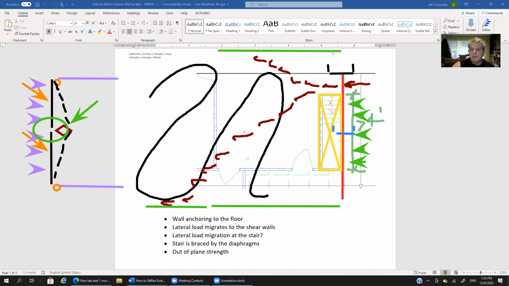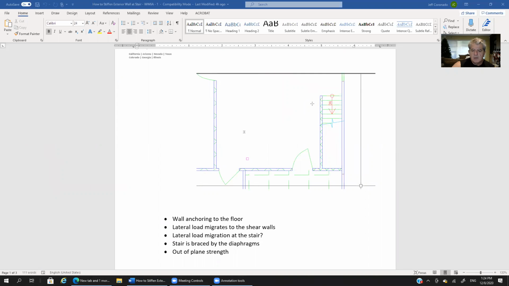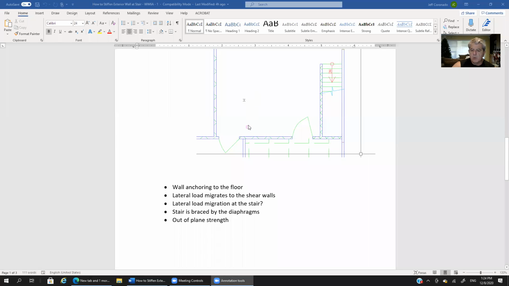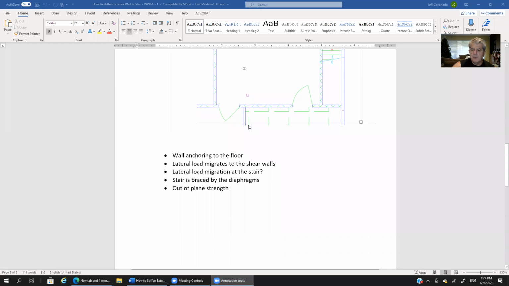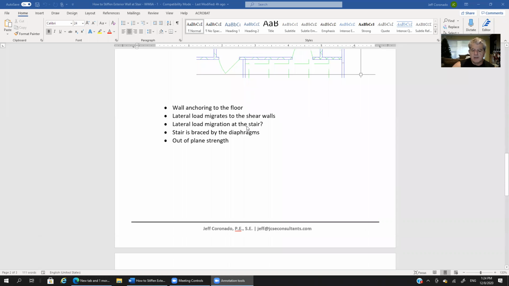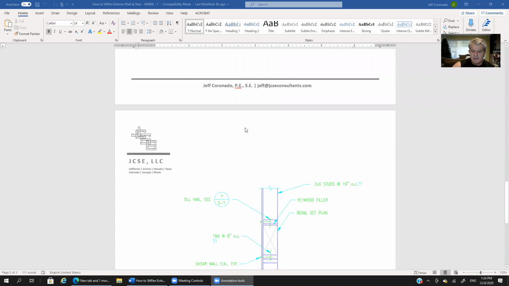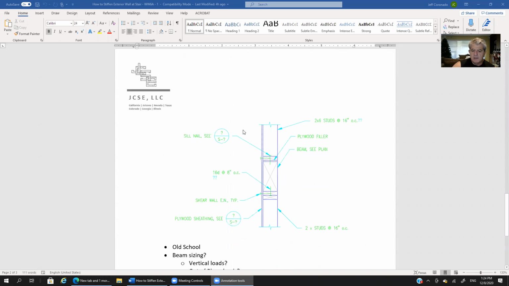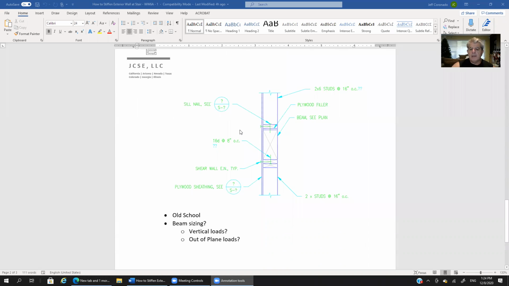Okay, with that we can move on. Let me clear this. We can look at what that section would look like cutting through the stair, cutting through the opening in the diaphragm, and where we're adding the strong element to make up for the loss of the diaphragm.